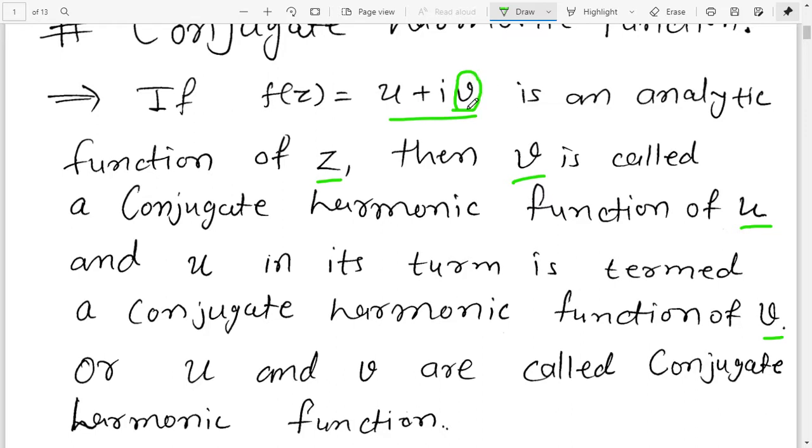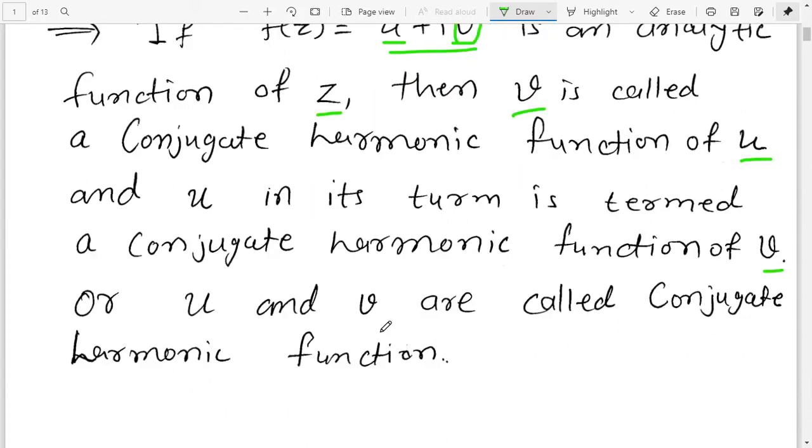If we are given v, then the conjugate harmonic function is u. So u and v are called conjugate harmonic functions.